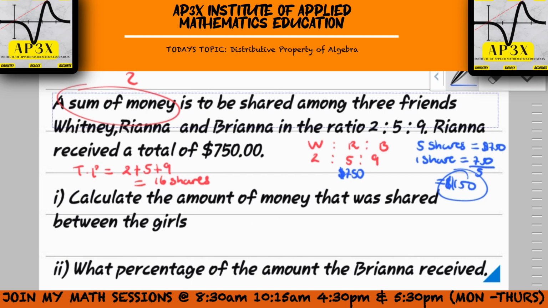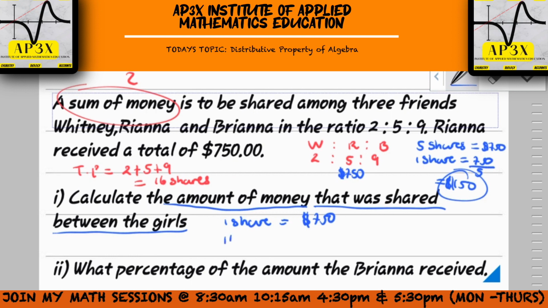The first question says here that we should calculate the amount of money that was shared between the girls, all of them together, total. So that's where this TP comes in handy, because now we know that one share is equal to 750.